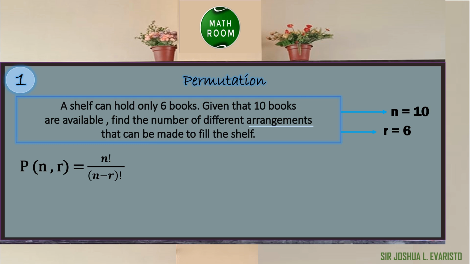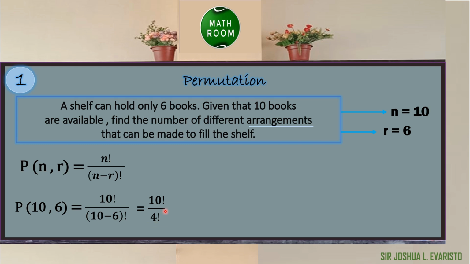By substituting the value of n, which is 10, and r, which is 6, we have permutation of 10, 6 is equal to 10 factorial over 10 minus 6 quantity factorial. Evaluate the equation. 10 minus 6 is equal to 4, so the resulting equation is 10 factorial over 4 factorial.